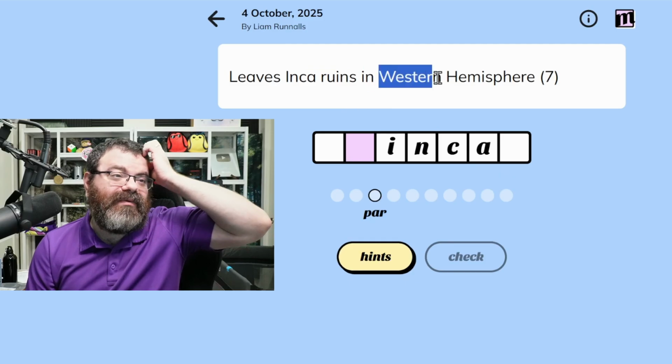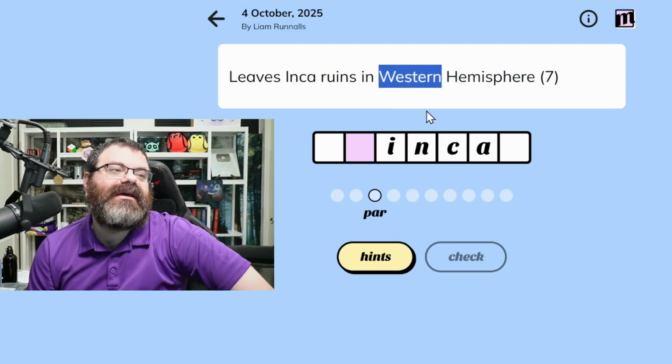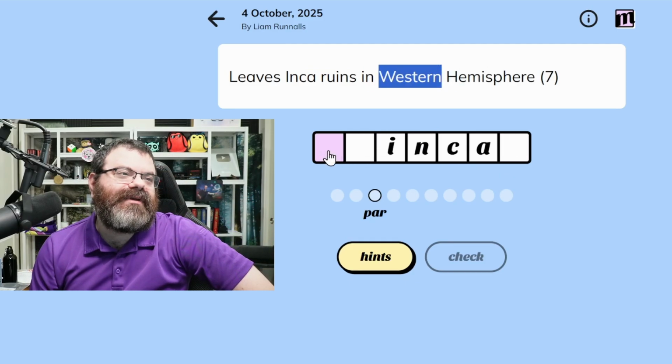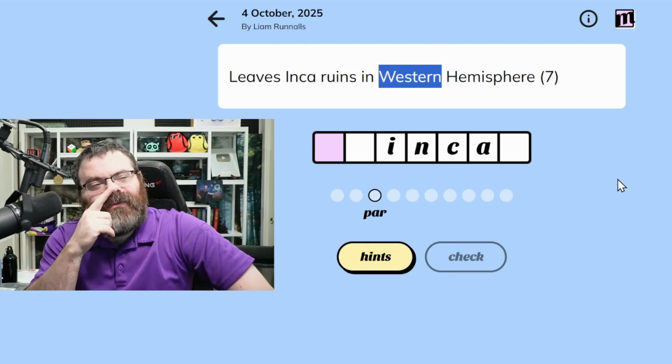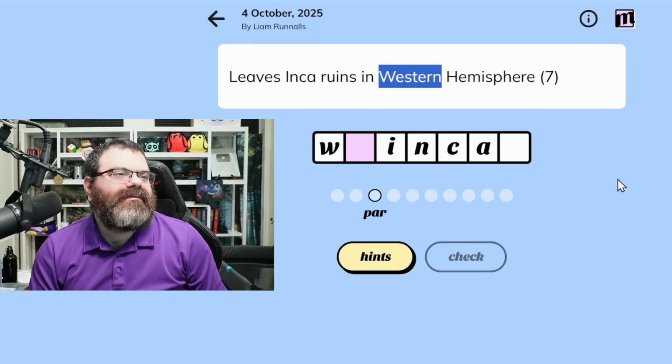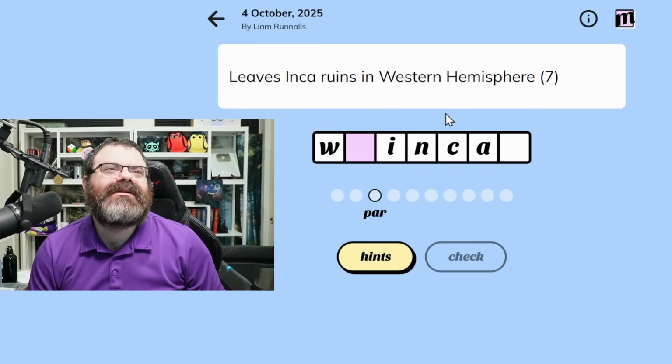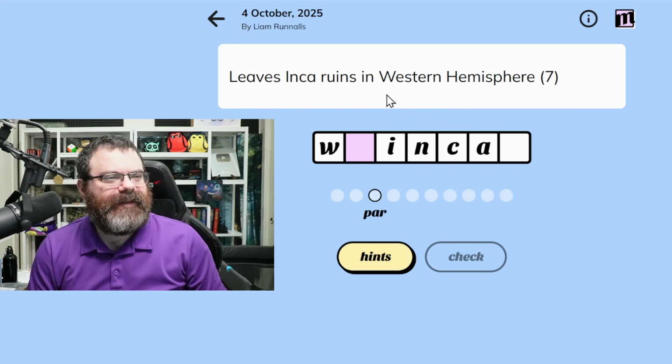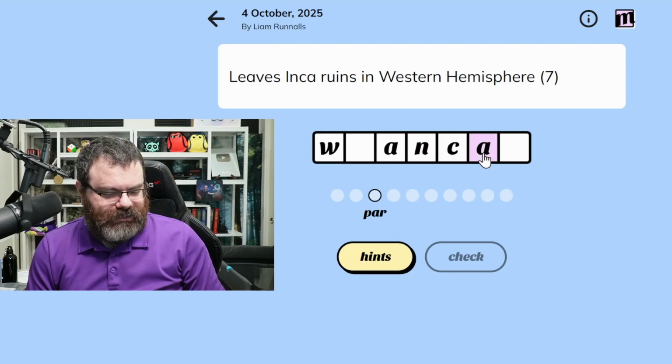And that's going to be in Western Hemisphere or Western, which has to be swapped out for a 3-letter word. What would that be? Would it start with W? Is there some sort of 3-letter word or abbreviation for Western Hemisphere? What would we do here?